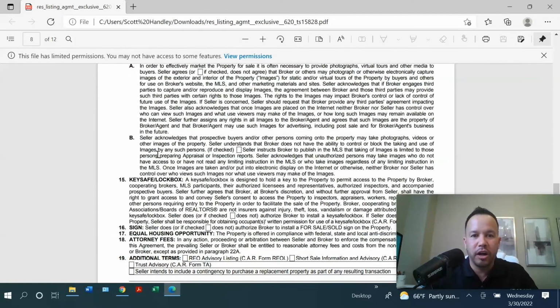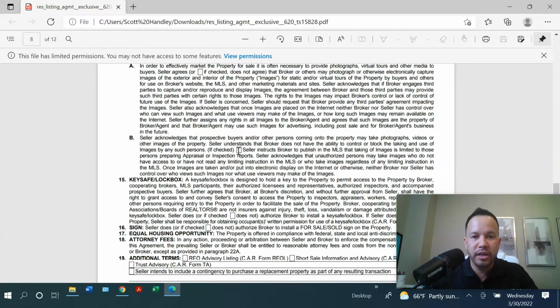14B, seller acknowledges that prospective buyers and or other persons coming onto the property may take photographs, videos, or other images of the property. Seller understands that the broker does not have the ability to control or block the taking and use of images by such persons.